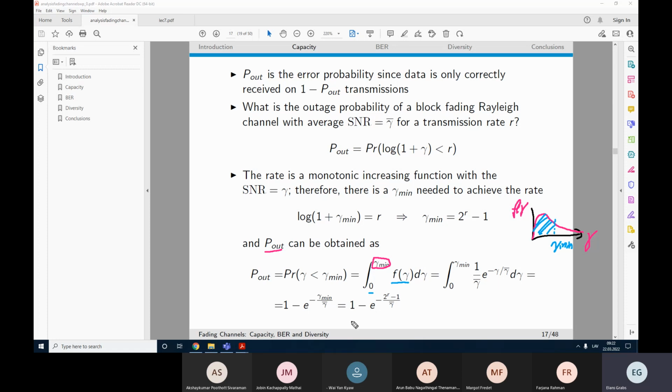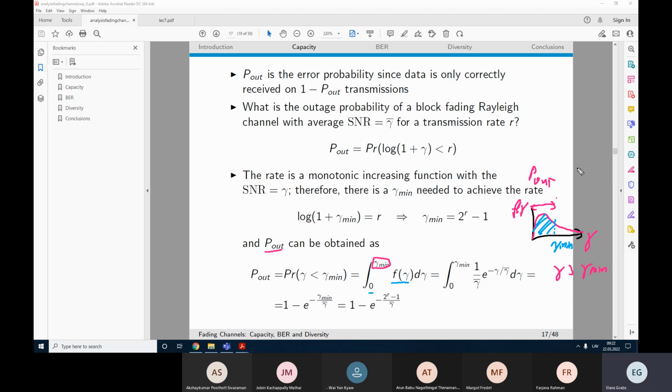Yes, and accordingly that will be probability of the outage, because we are going to start receiving data only if gamma is more than this gamma minimum. Unless we have this true, we will have outage. Yes, so this is probability of the outage.